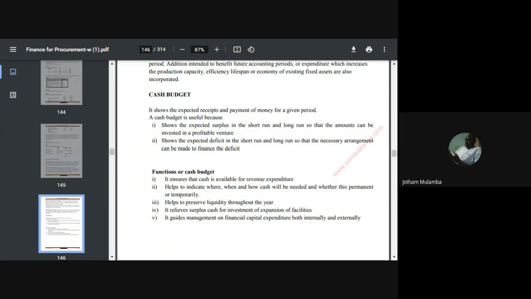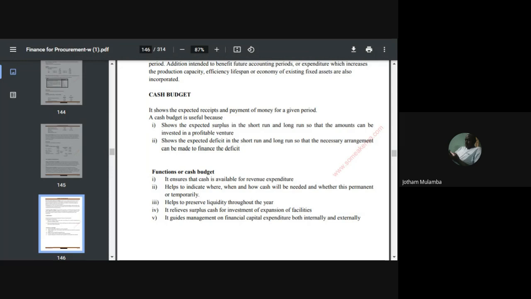If today you have paid money to Kim, probably for tuition, and Kim diverts the money and goes and buys a motor vehicle, that motor vehicle will be available, yes. But once you get to the end of the month, we'll expect to pay salaries, we'll expect to pay suppliers and other costs. We'll not have money to be able to effect those payments.